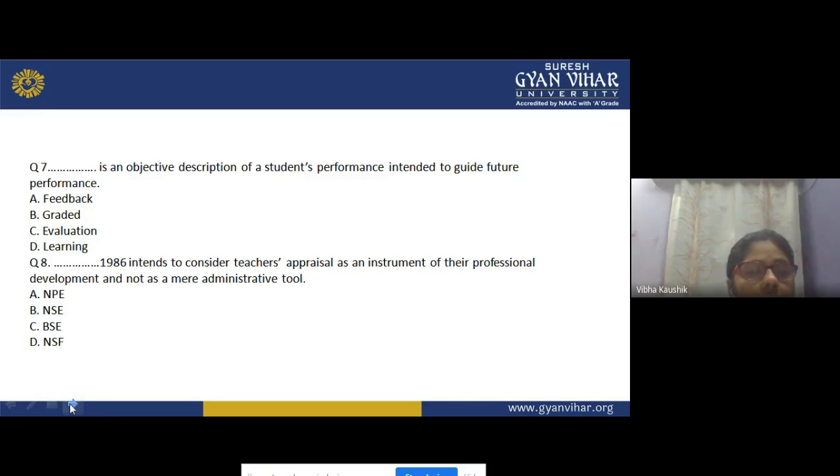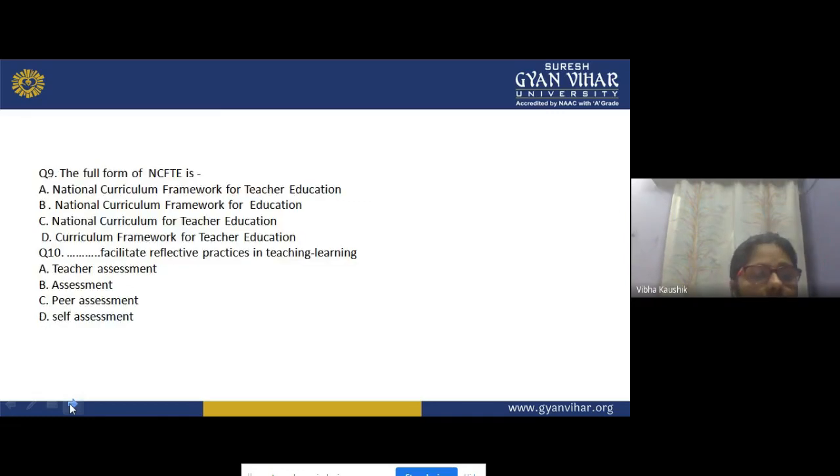Question number 8. Dash 1986 intends to consider teacher appraisal as an instrument of their professional development and not as a mere administrative tool. A, NEP; B, NSE; C, BSE; or D, NSF. So the correct option is NEP 1986.